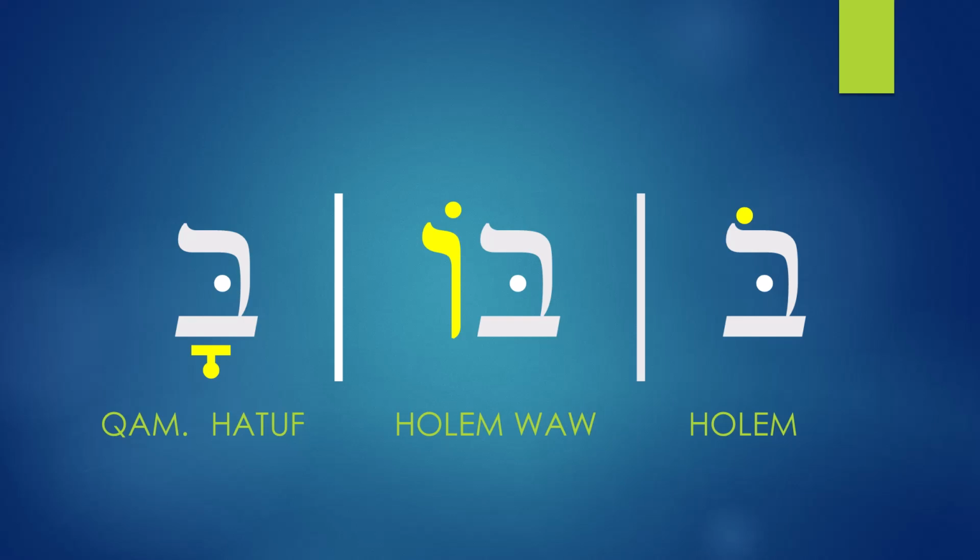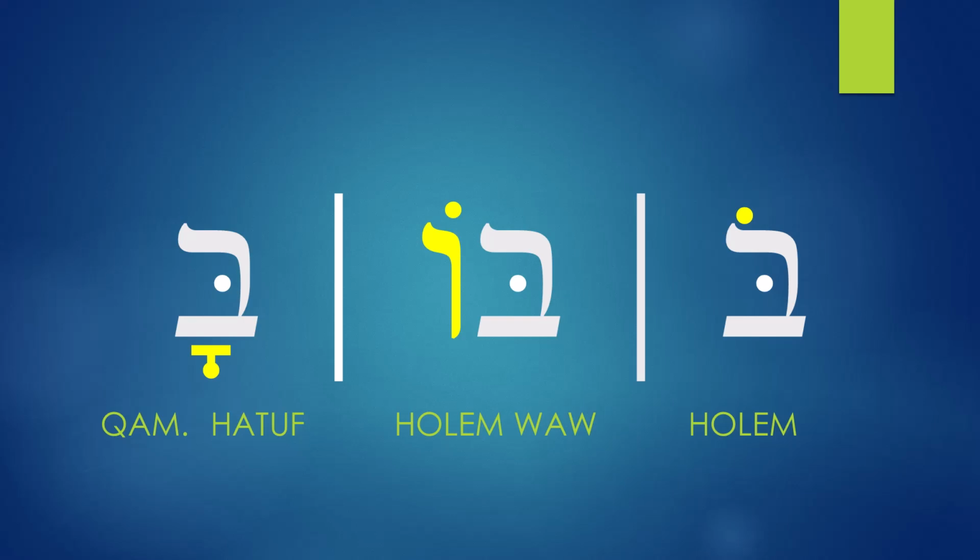And how do you pronounce the holem wow? Same. Both of them are long vowels. So the holem wow is going to be pronounced as "bo." And then we come to the kametz atuf. Kametz atuf also has the O sound. Remember, it's under the O-class vowels.